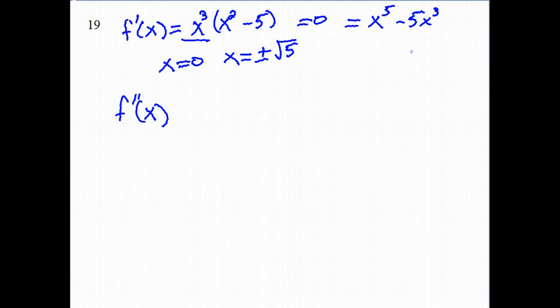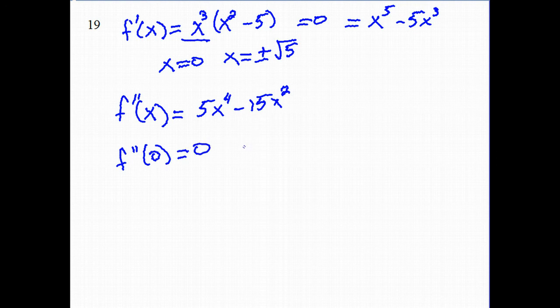That way I can avoid doing the product rule, and when I take the derivative, I just get 5x to the 4th minus 15x squared. And so we simply have to evaluate at each of these points. Well, f double prime of 0 gives us 0. So therefore, that tells us that we don't know what that is, and we're going to have to look at that in another fashion. All right, we're going to come back to that.